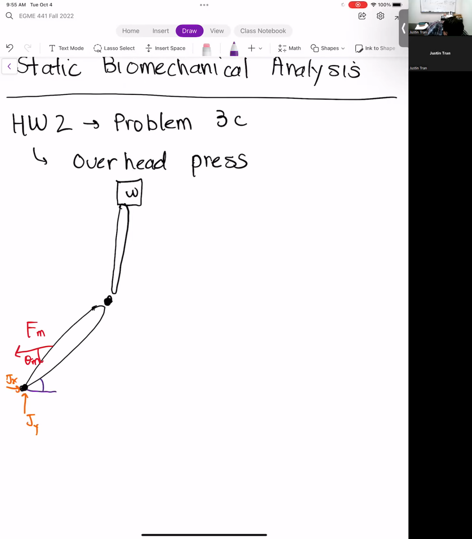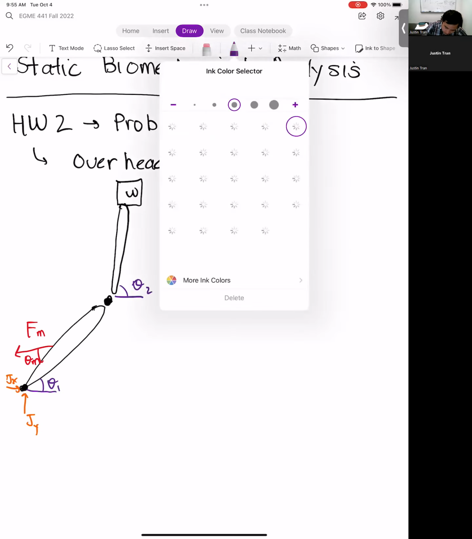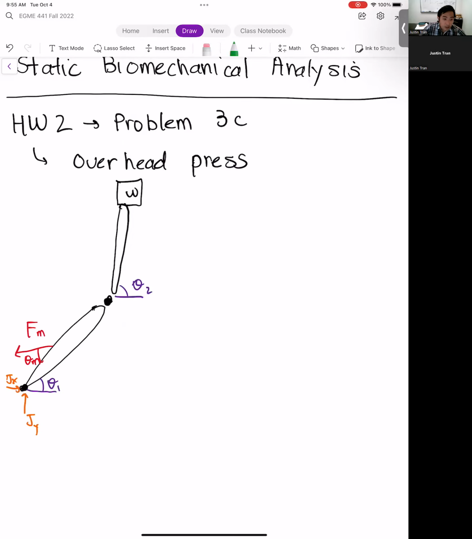Next, we have the angles of the arms. The arms are angled with respect to the horizontal, which is going to be key right there, given by angles theta 1, theta 2. We also have the lengths of the arms.